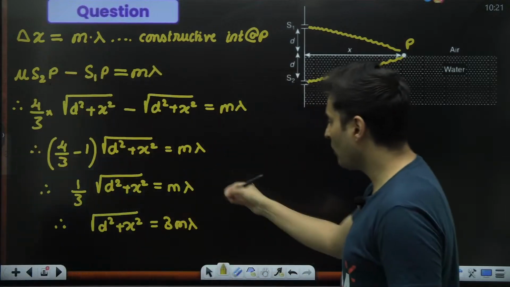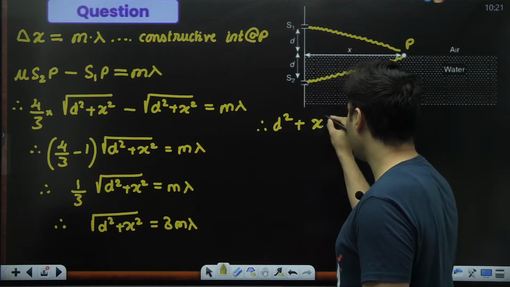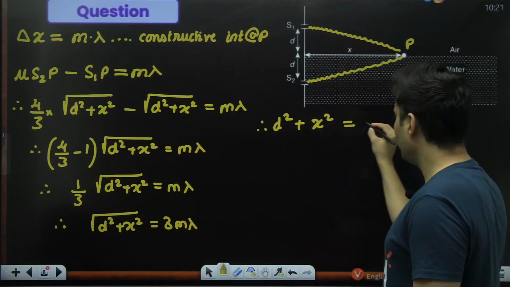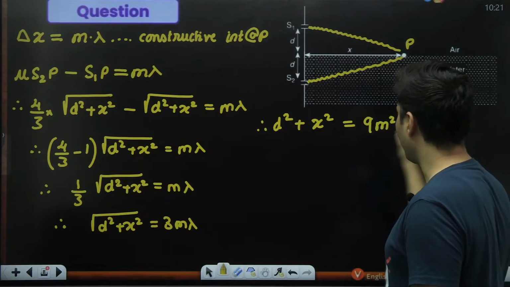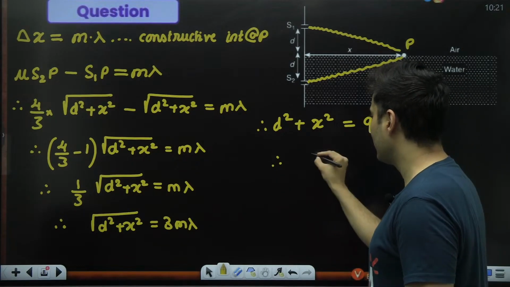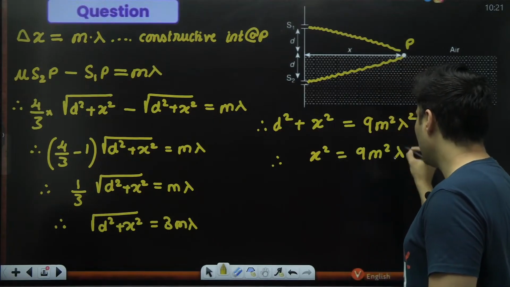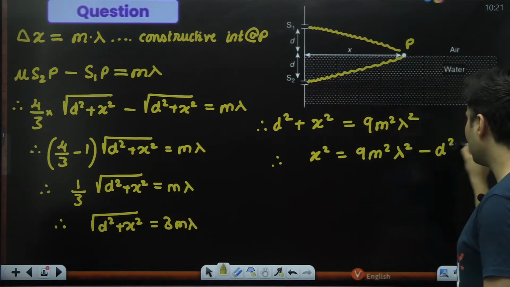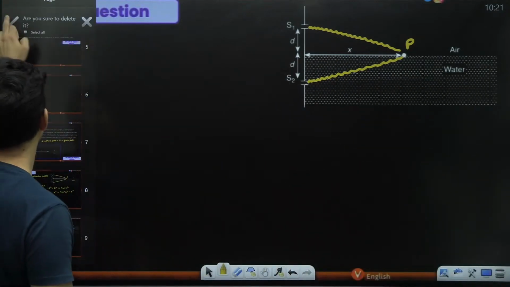Now square both sides. So d squared plus x squared is 9m squared lambda squared. And we wanted x squared, so x squared will be 9m squared lambda squared minus d squared. Now this is the part where we decide the answer.